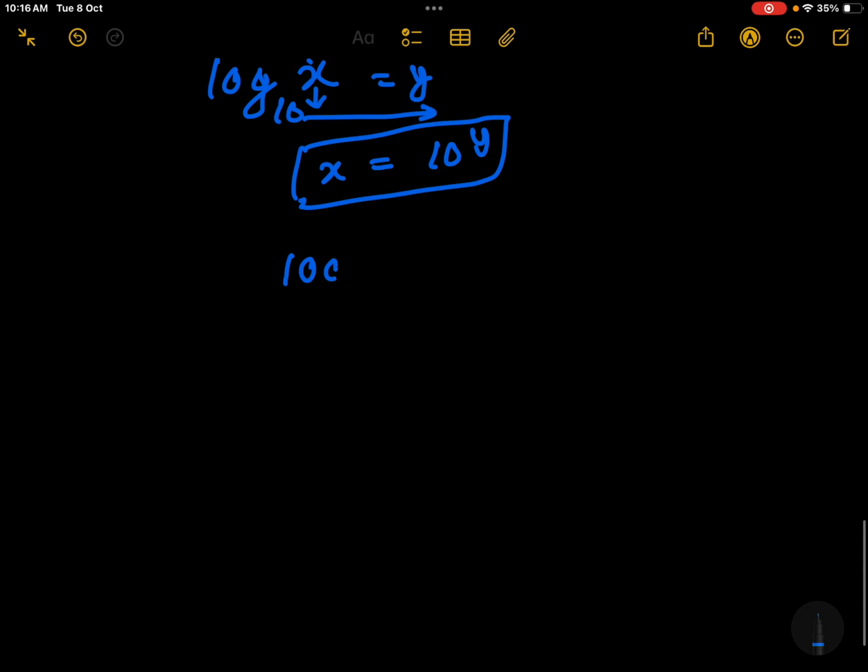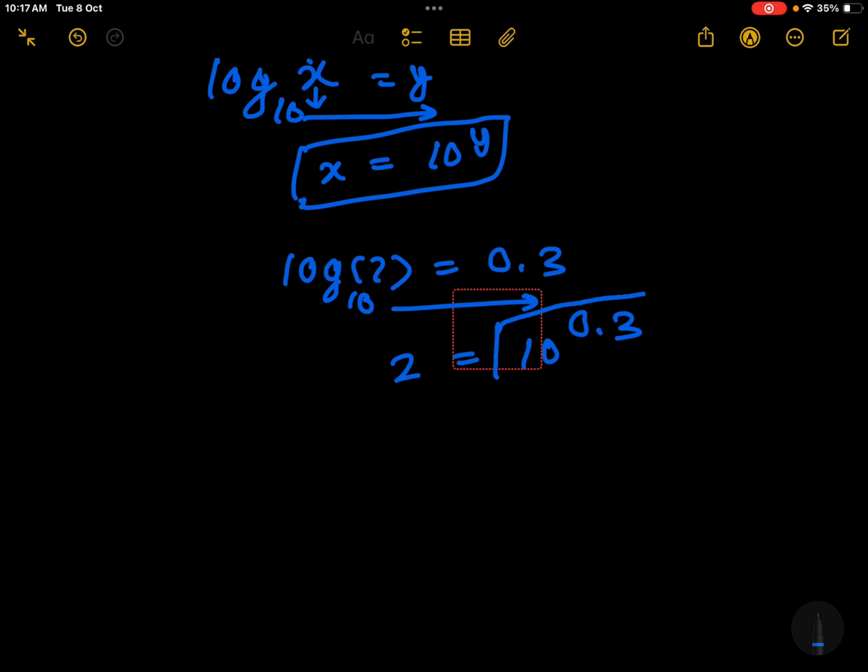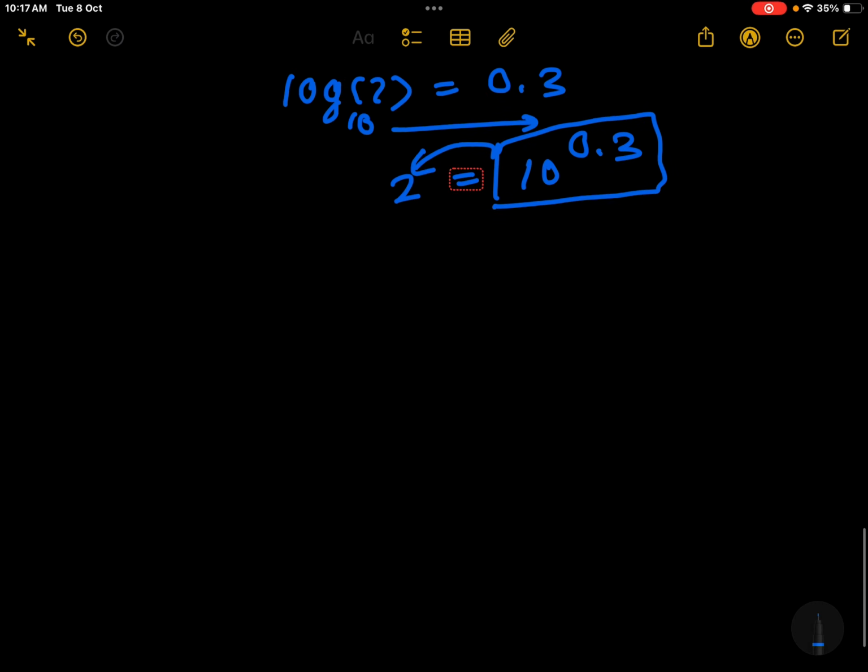Like if we are talking about log 2, its value is 0.3, this is the base 10, right? So 10 power 0.3, shift it here, so 2 is equal to 10 power 0.3. It means 10 power 0.3 can be written as 2, right?